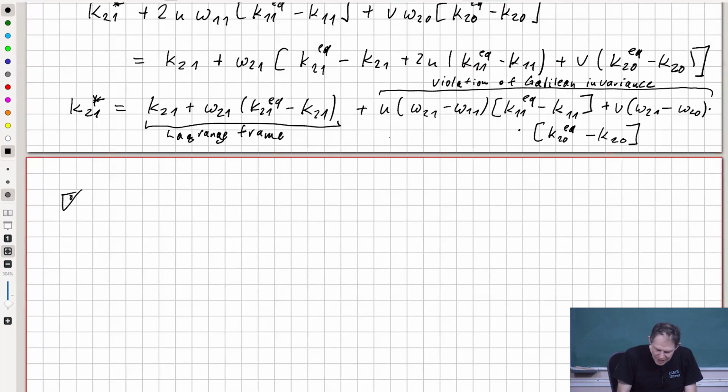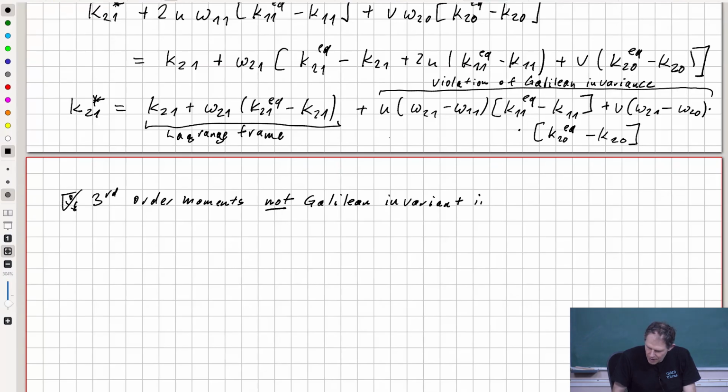So let us take this to note. The third order moments are not Galilean invariant in the classical MRT.